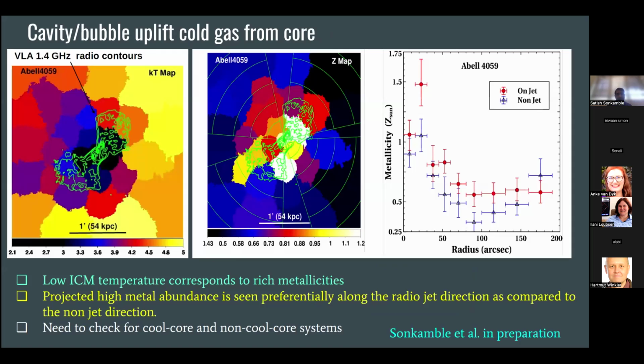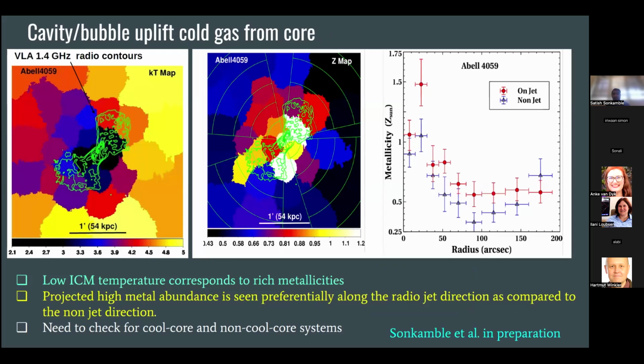Another point associated with the bubble or cavity is the upliftment of cold gas from the core, and you can see the temperature and metallicity map of a cluster. There is a clear separation of metallicity distribution along the jet and non-jet directions.